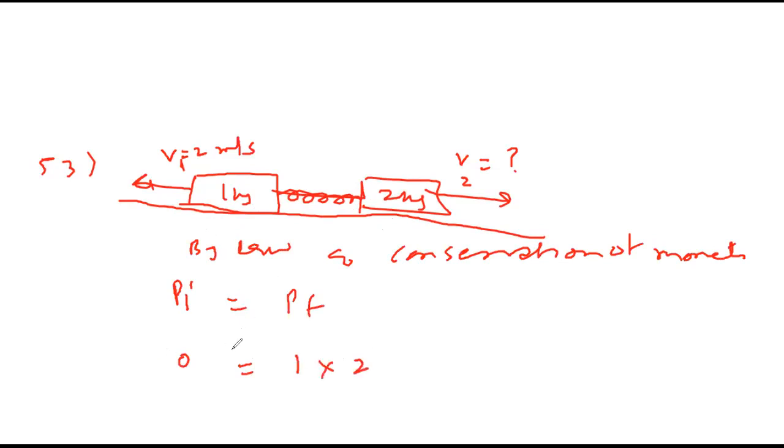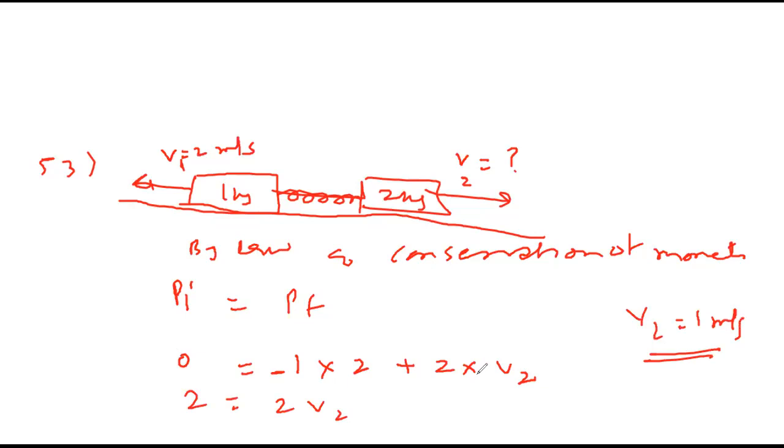It is going on the left side, so negative, plus this is 2 into V2 on the right side. Therefore, we can say positive. So 2 equals 2 times V2. So V2 equals 1 meter per second.